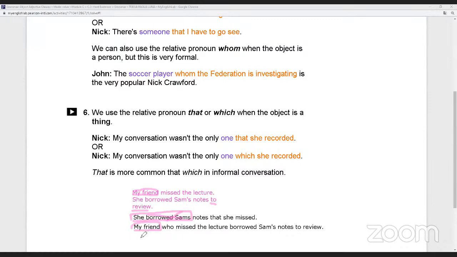So I have the noun, in this case my friend. Then I'm gonna choose to use the relative pronoun who. Then I'm going to continue with the information. My friend who missed the lecture borrowed some notes to review. That was the correct answer, okay?